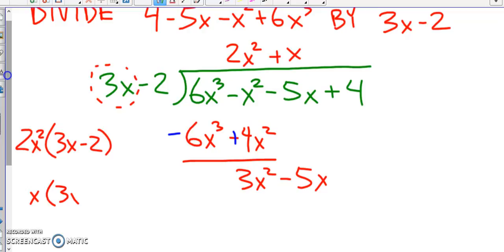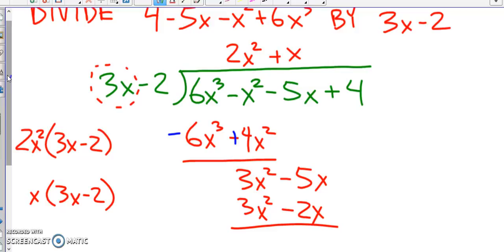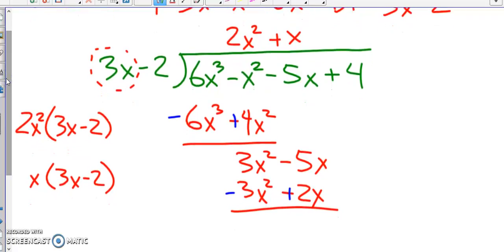X times 3x minus 2 would be 3x squared minus 2x. Change the signs. Add. And I get negative 3x plus 4.